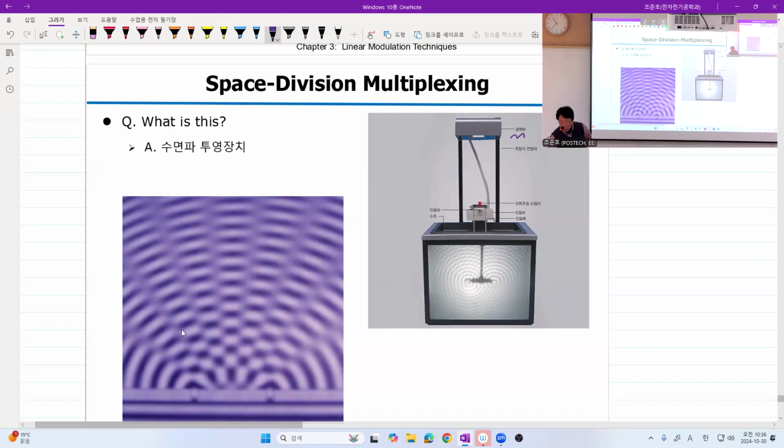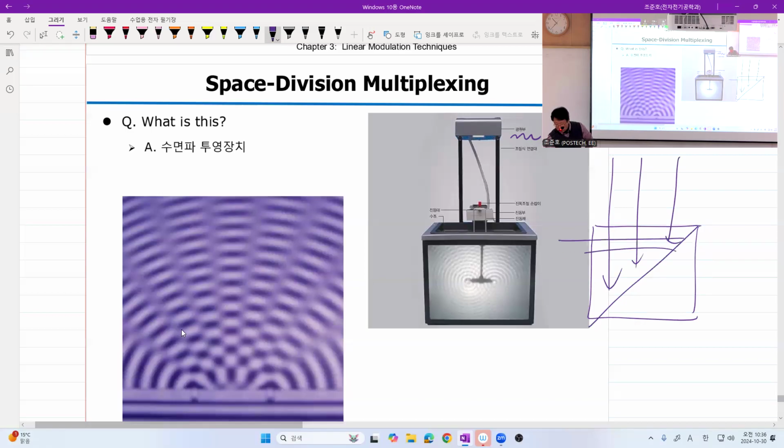And if you have light source, then what happens? By the way, there is something like this, right? So you go down this and you view this way. This is a good product, but anyway. So you have this interference pattern. The reason is that because you have water surface, if its surface is flat, then the light passes through.